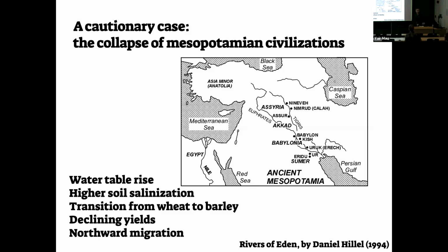We see a clear transition from wheat to barley. Wheat is relatively sensitive to salt, so those civilizations responded to salinization by switching crops. Eventually there were declining yields and a northward migration from where salinization began, the mouth of the rivers in the Persian Gulf, going northward to where we have higher soils.